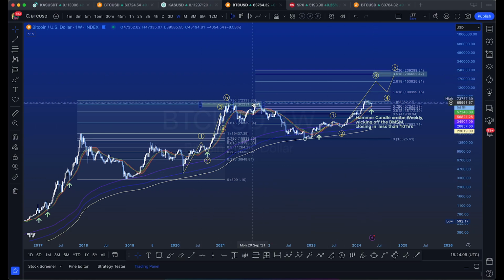If this just repeated, which it probably won't, but just speculating, we could continue to rally up to say 150,000 before it pulls back to 100,000 and then continues up to like 200,000. Let's see. I'm going to put it out there. Time will tell whether or not that's right in 2025 or however long it takes.